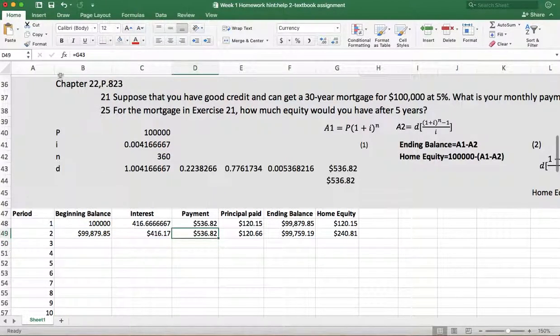Also, monthly payment is constant for every period. Lock it. How to lock it?